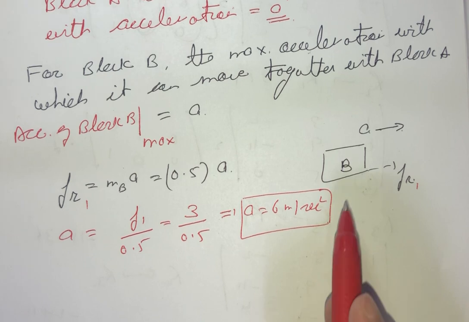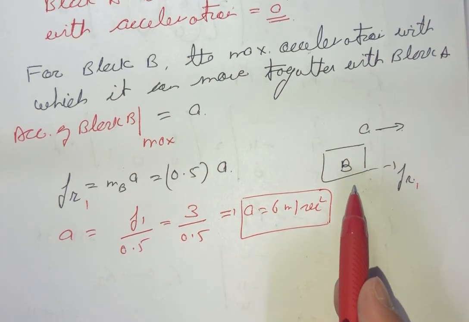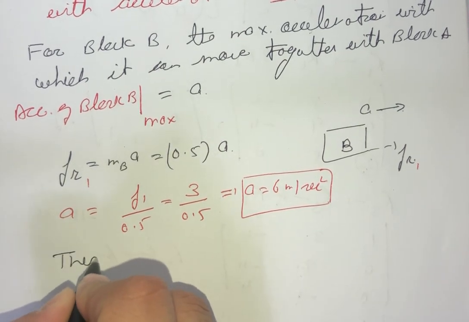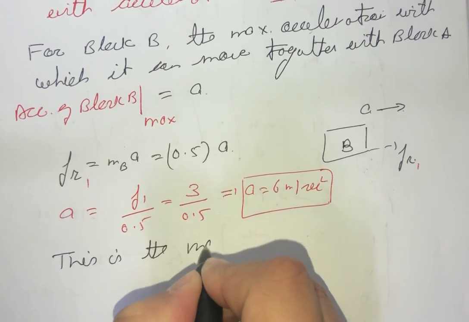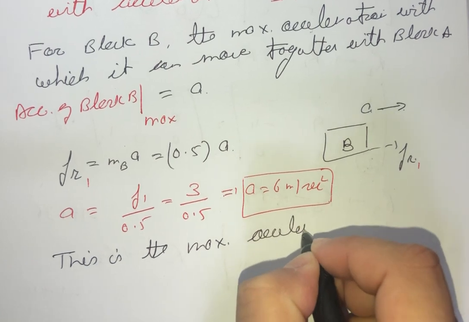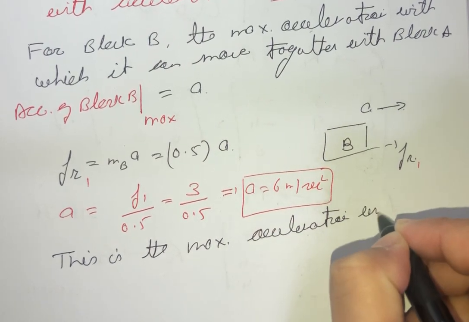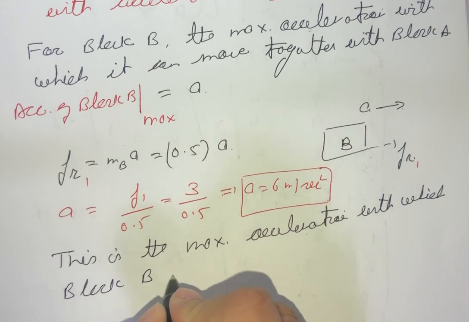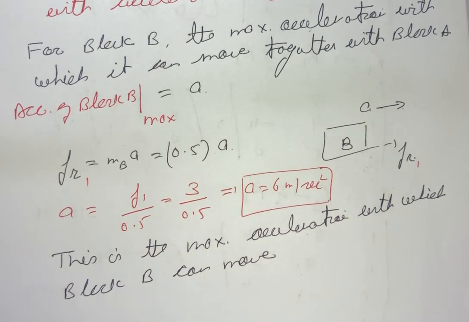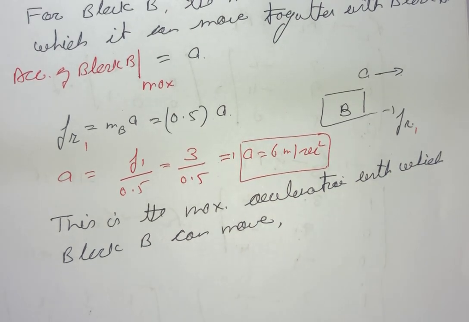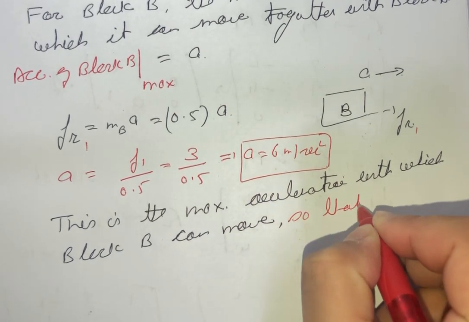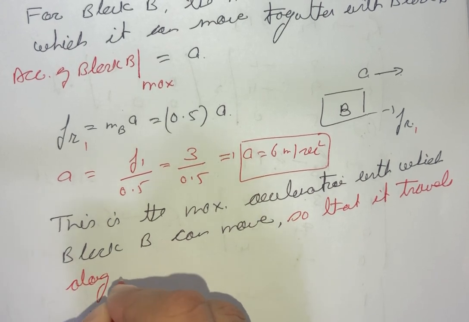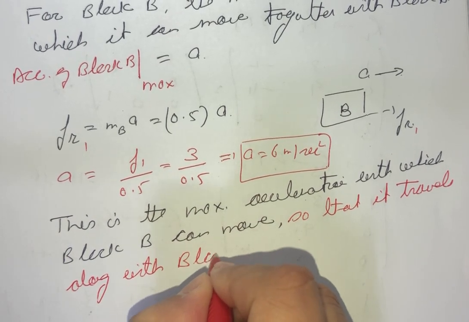So this is the maximum acceleration with which block B can move so that it travels along with block A.